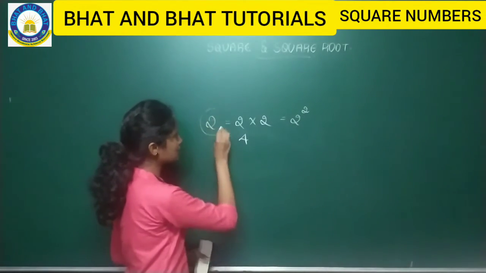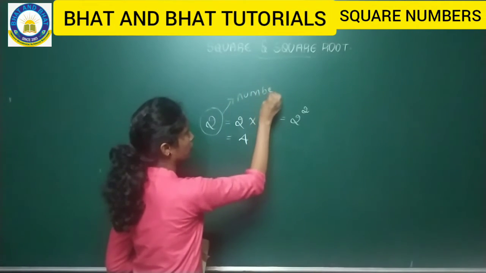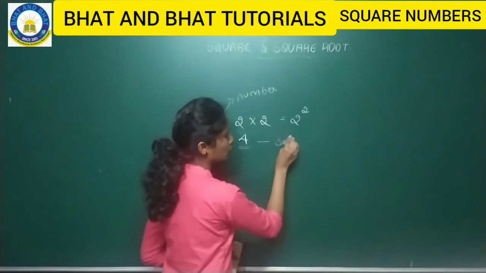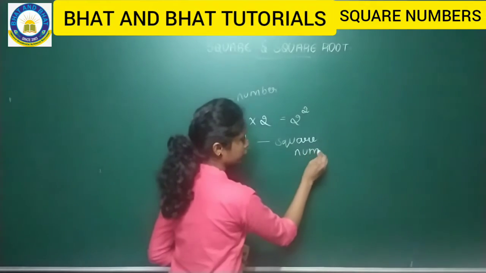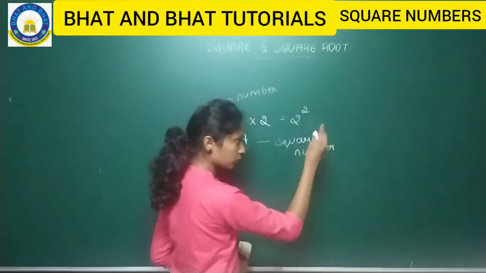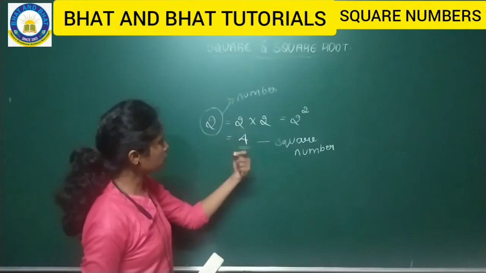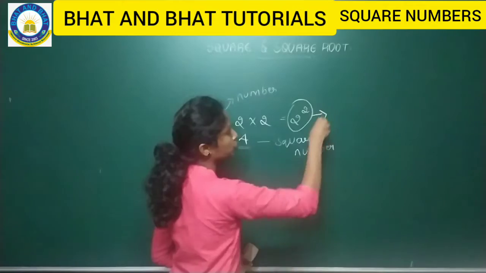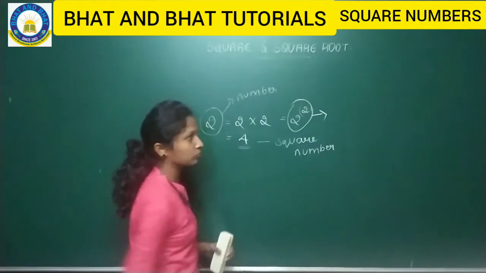So here this is what we call the number, and this we call the square number. There is a difference between the square root and the square number. So 2 is called the number, 4 is called the square number, and this is called 2 to the power of 2. Correct?